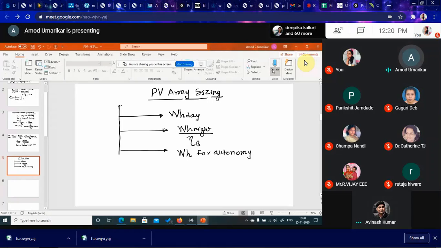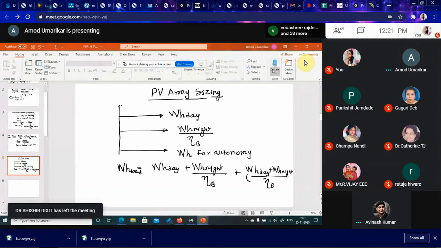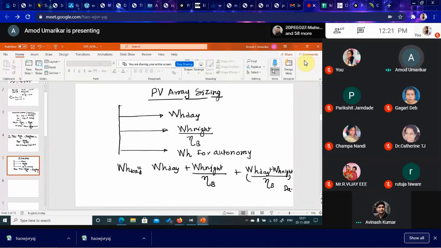So this WH day plus WH night, so the total load is (WH day plus WH night) upon eta B, plus (WH day plus WH night) upon eta B multiplied by D. Correct? This is the total load.